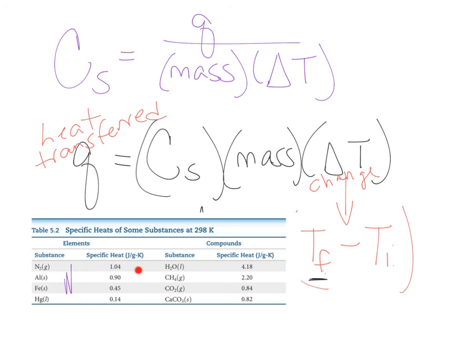The specific heat of water that you're going to work with on the next page, the amount of heat required to raise 1 gram of water by 1 degree Celsius, is 4.18 joules per gram degree Celsius, and you'll see that in the next problem.